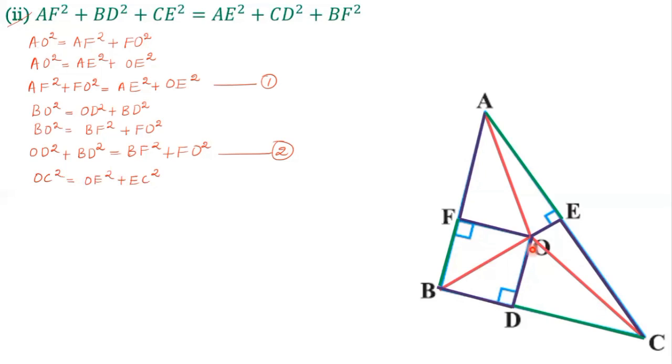In the same way, apply Pythagoras theorem to triangle ODC. Angle ODC is 90 degrees. So, OC square is equal to OD square plus DC square.